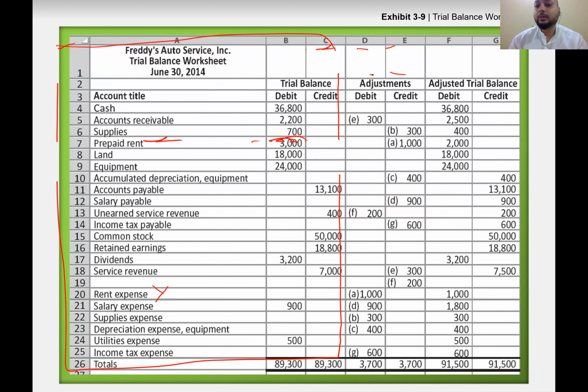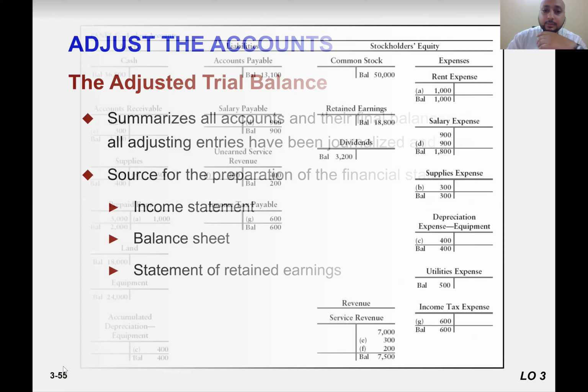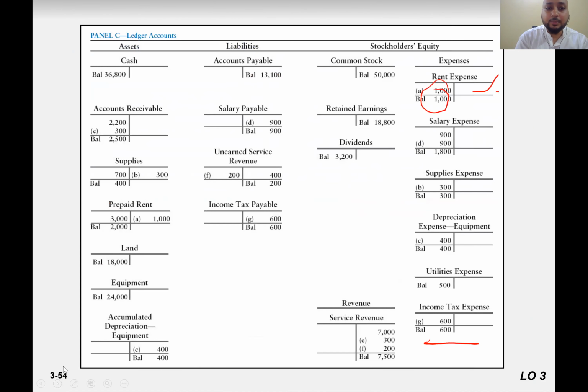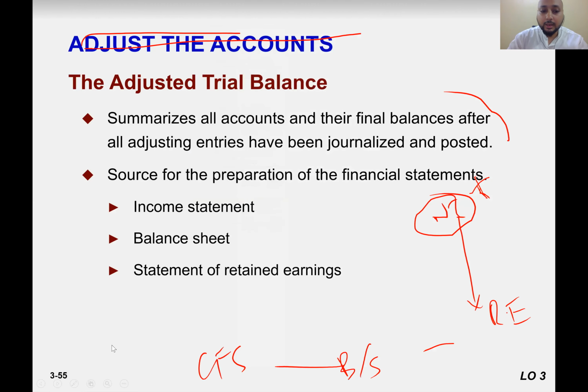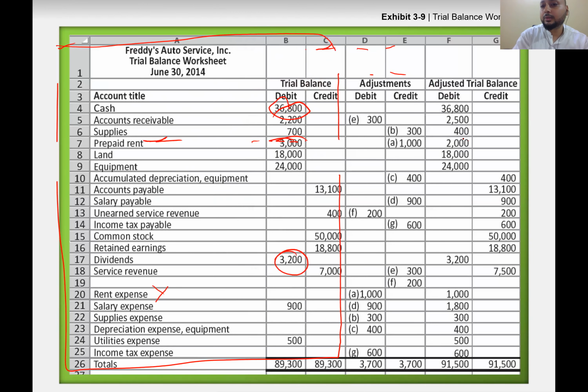The new balances are coming from the balances in the ledgers this month. You see, the prepaid rent account is now 2,000, so you just pick the value from the adjustment of the account and write it down: debit balance 2,000.